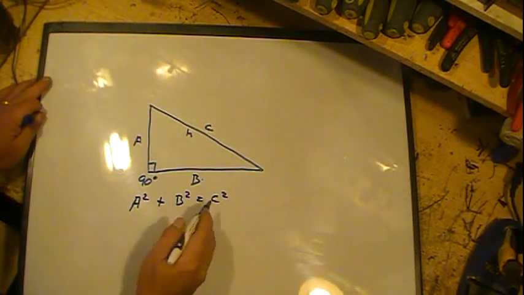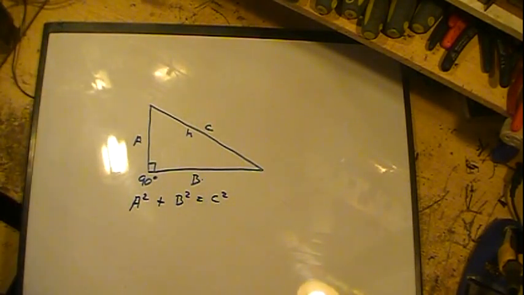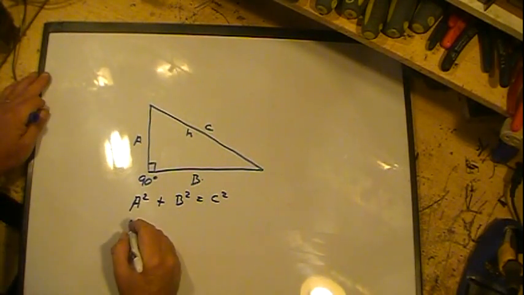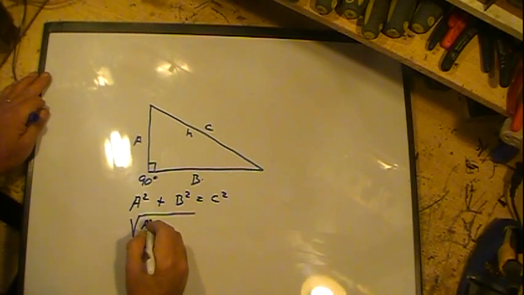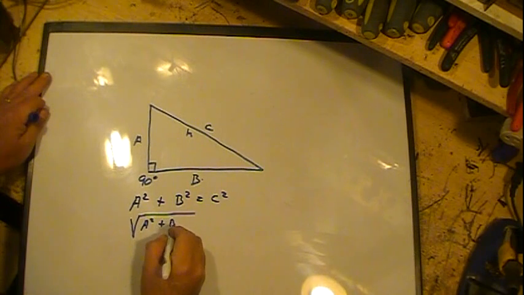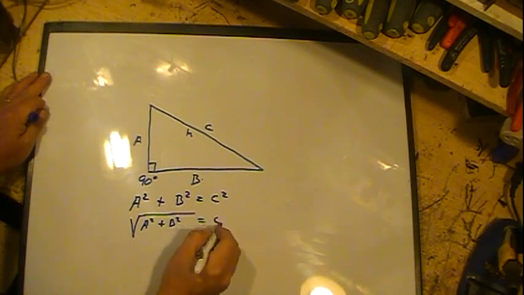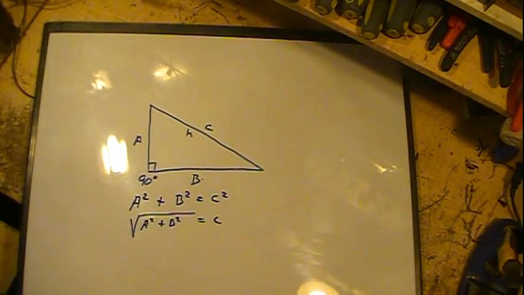Another way of writing this, because c squared is not the exact measurement, it's the length of that side squared, would be like this: c equals the square root of a squared plus b squared.